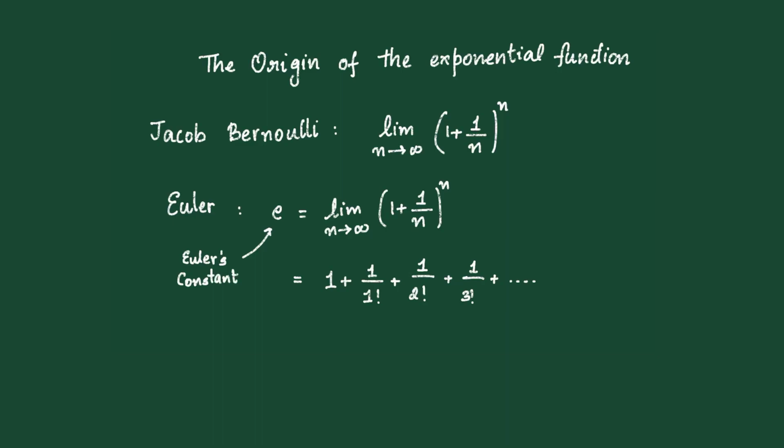But in this video, we are interested in something called the exponential function rather than the number e. The exponential function is defined as the following series. exp of x is equal to 1 plus x by 1 factorial plus x squared by 2 factorial plus x cubed by 3 factorial, and so on.